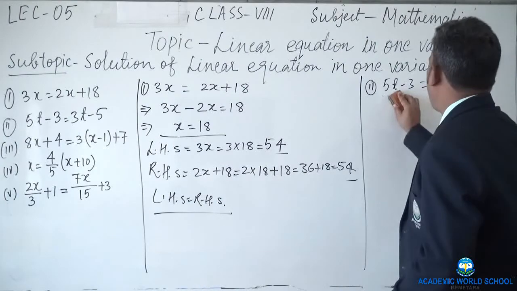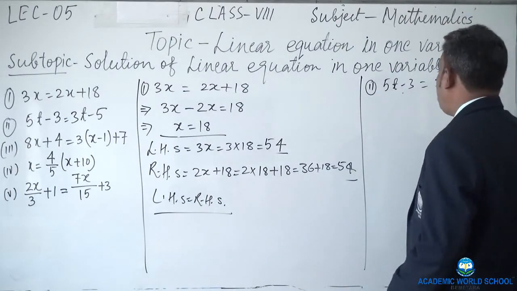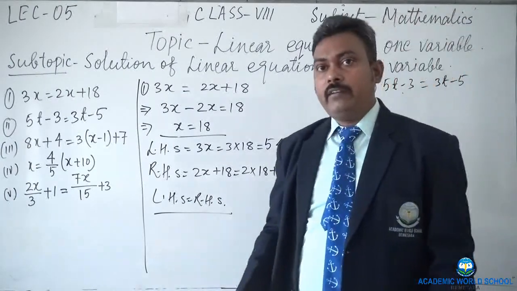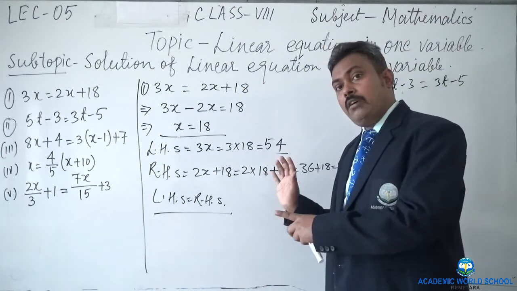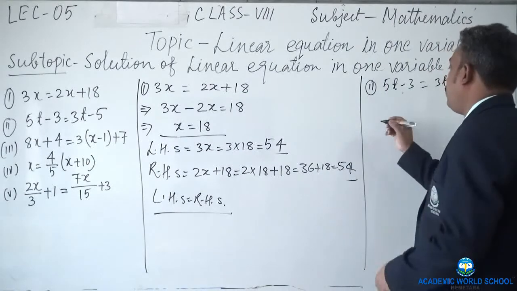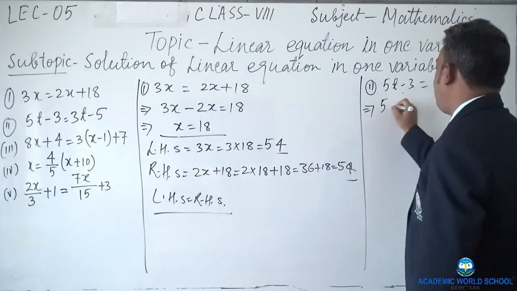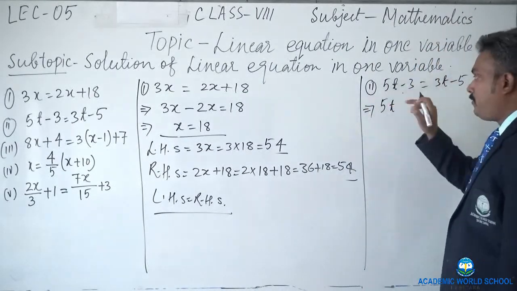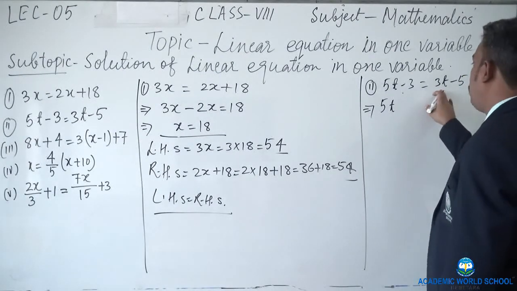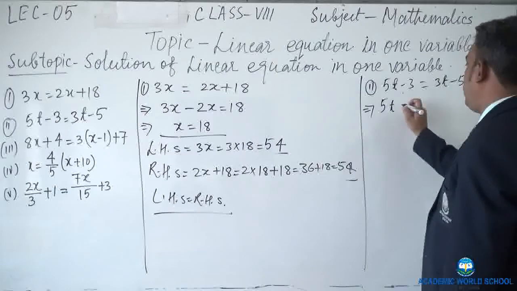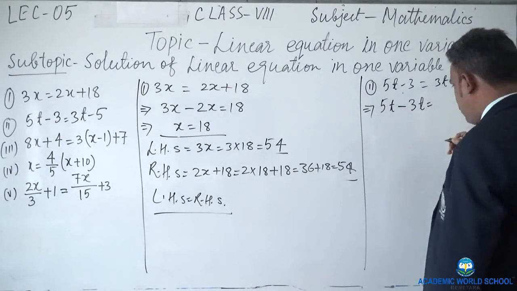So one thing you always do: the variables you keep on the left side and the constants you keep on the right side. So this 5t we write as it is. This 3t will move to the left side. See this side, it's plus, so when it comes to the left side, it becomes minus.